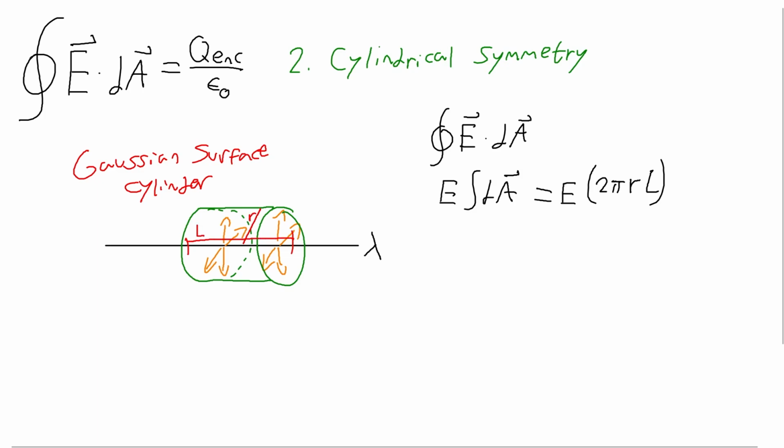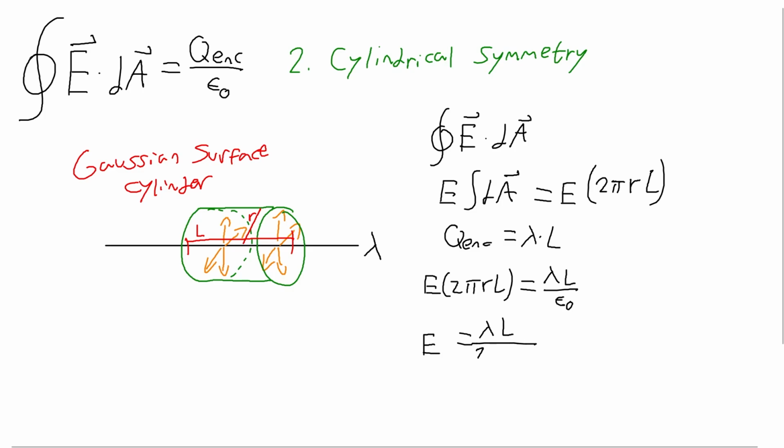And in this case, you have the line charge, so the charge enclosed in this cylinder is the line charge times the length of the cylinder. So plugging this all together, you can again solve for the electric field. So the electric field doesn't depend on the length of the cylinder at all, only the radial component.